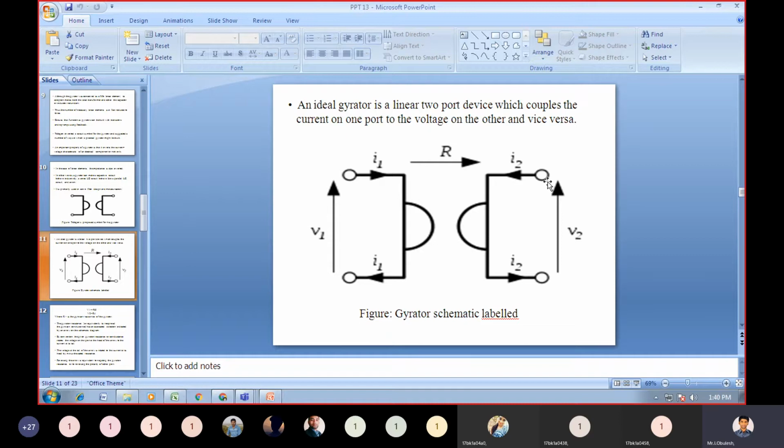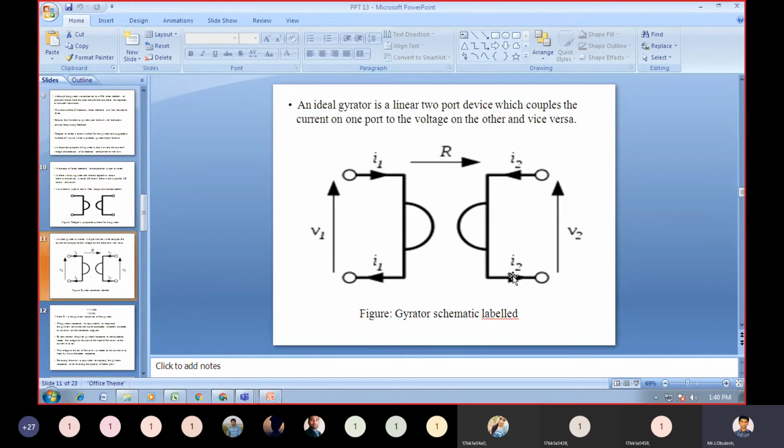Although a gyrator is characterized by its resistance value, it is a lossless component.